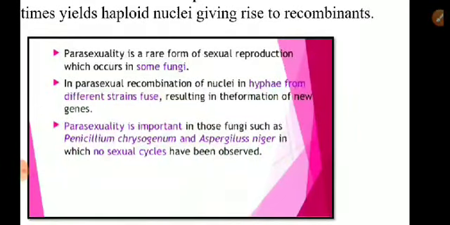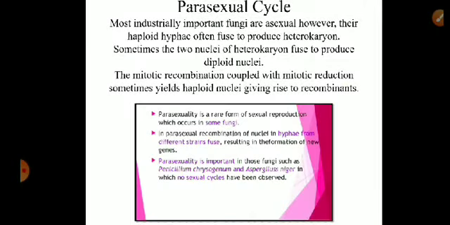Hyphae having haploid nuclei from different strains fuse and form a heterokaryon. This is important in fungi like Penicillium chrysogenum and Aspergillus niger, wherein no sexual reproduction takes place. So developing recombinants with the help of the parasexual cycle is important in industrially important fungi having an asexual mode of reproduction.